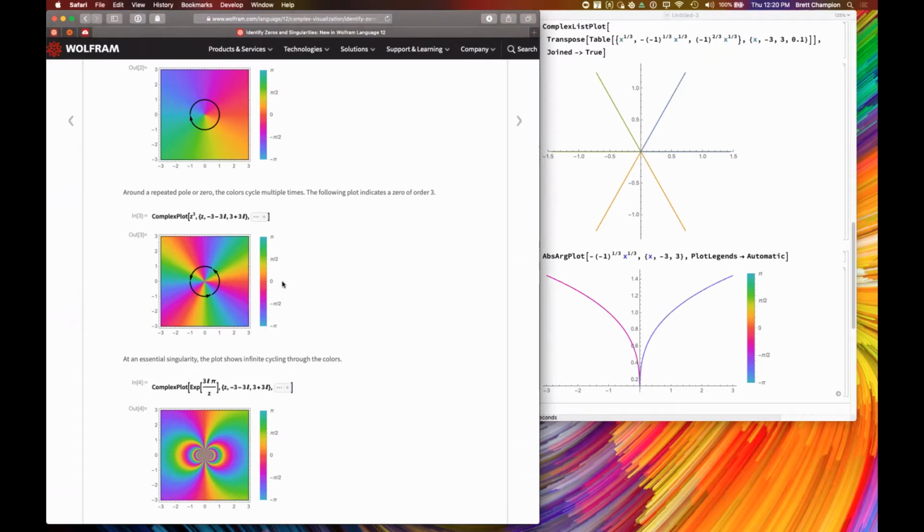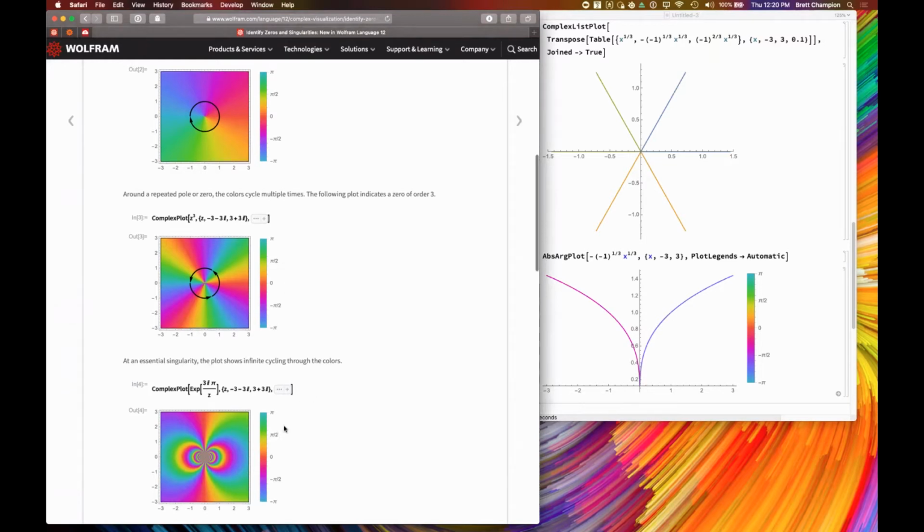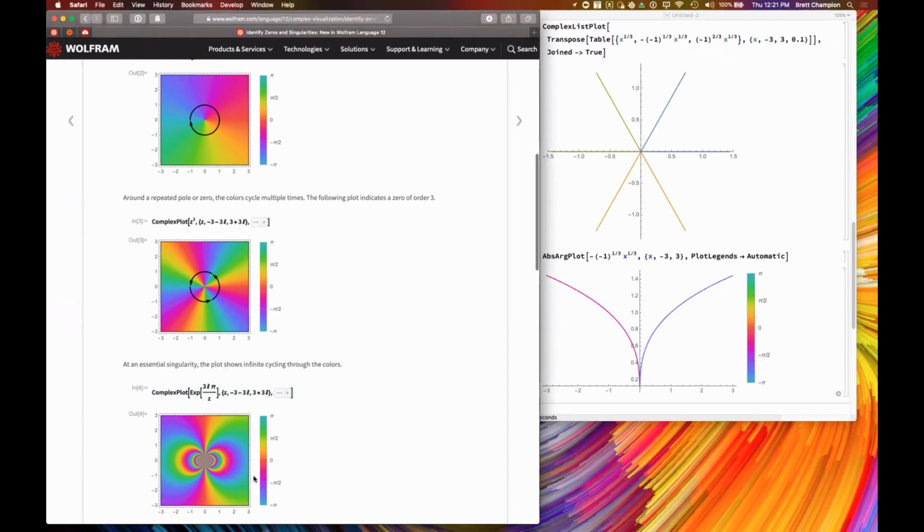So moving up into more interesting types of singularities, if you have an essential singularity, then what is going to happen is you have an infinite cycling through the color function as you approach that point. So we're going to start over here on the right in this case.